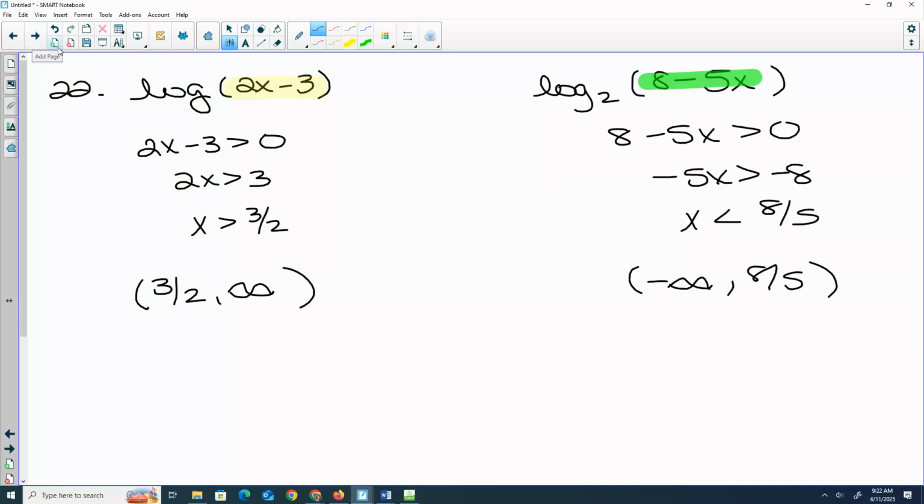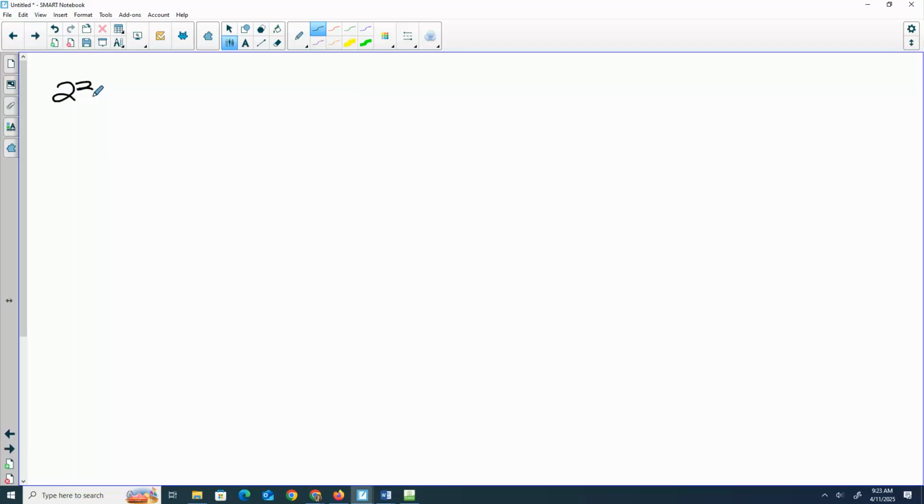Let's look at 20. So I would give you the pH formula. So it tells me to find the hydronium ion concentration. So I'm solving for this of a solution with a pH of 8.6.